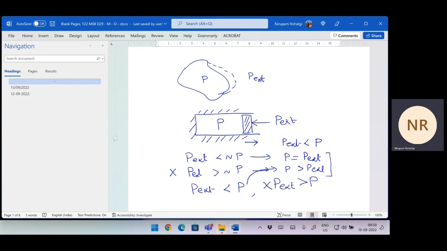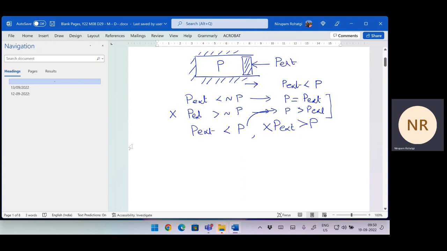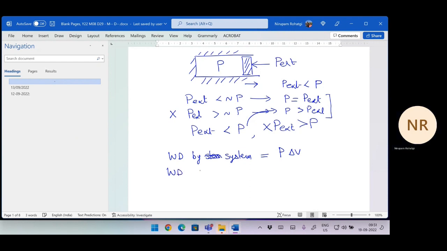So what will happen is, let us say, what is the work done? The work done by the system you can say is equal to P into delta V. But work done on the surrounding will be equal to P external delta V. So the system is doing work because it has pressure P multiplied by delta V, that is the work done.